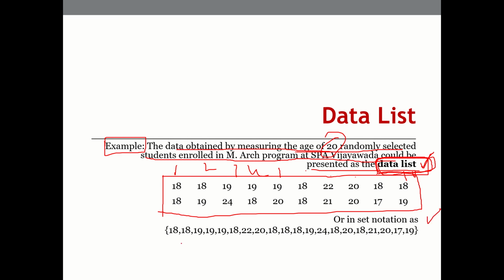Or it can be denoted like this in a statistical technique. There are many ways of putting the data set in order. This is a listing of all the data that is collected, and how you list it is one of the steps that we should know.